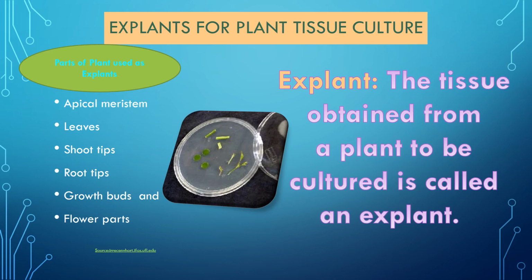Several parts of the plant like leaf, shoot tip, root tip, growth buds or apical meristems can be used to initiate the plant tissue culture. However, shoot tip and axillary buds are commonly used in micropropagation techniques.